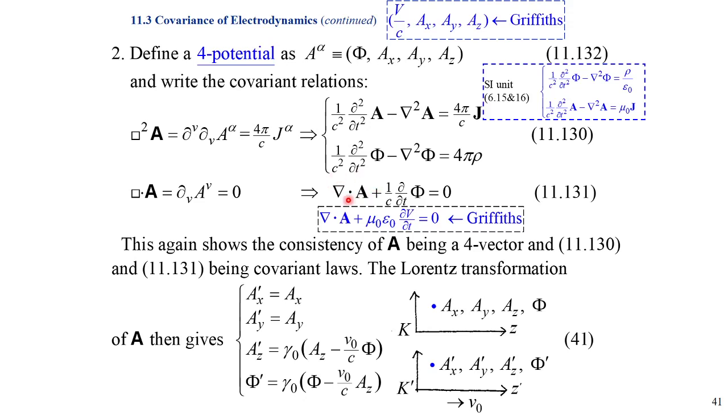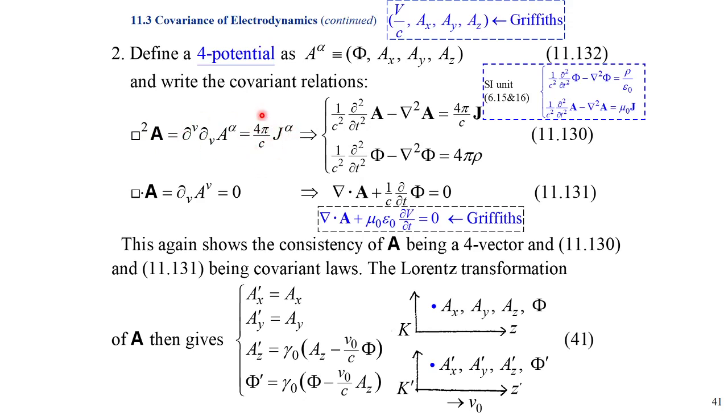Remember, in special relativity, for EM waves, we always prefer the Lorentz gauge. You can see from this argument that the Lorentz gauge is more convenient. And second, the d'Alembertian of A can be written in this form, equals 4 pi over c J alpha.